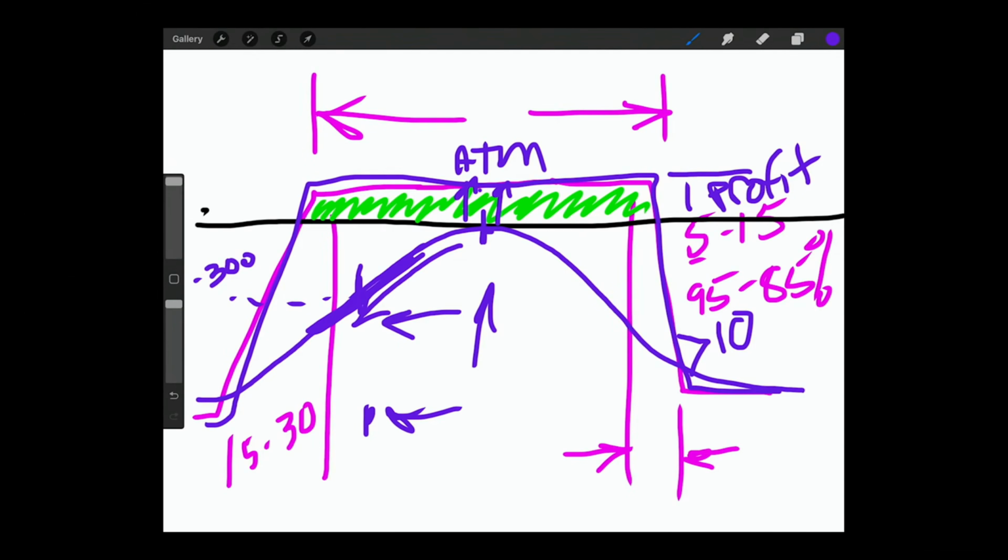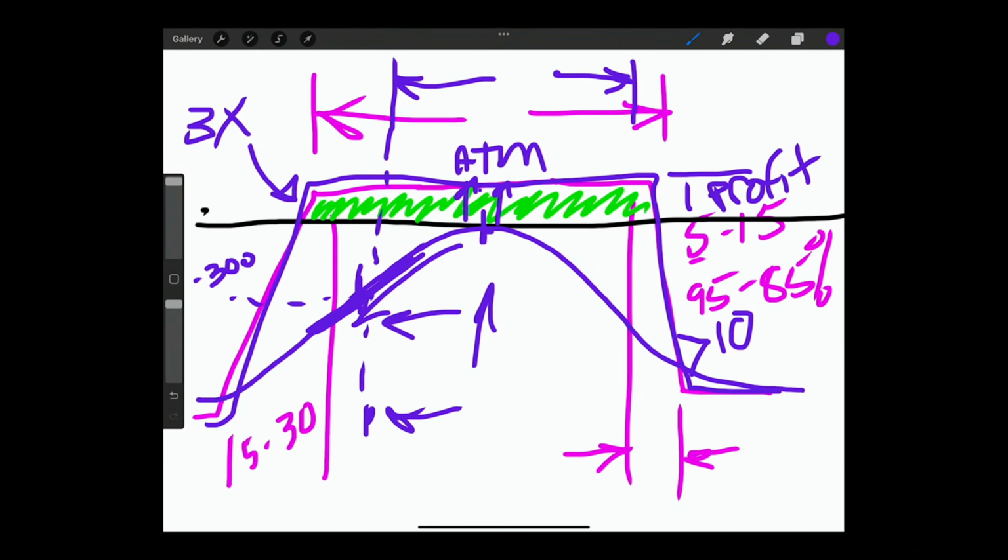And for that reason, people who trade this strategy put a whole bunch of constraints on it that kind of dummy it up. One of the constraints that they'll do is they'll say, okay, I'm going to put stops so that if it goes too far this way, my stop is going to be right there. Or if it goes too far this way, my stop is going to be right there. And so typically they'll make that stop 3 times the max potential profit, which essentially is like cutting this off right there, right there.